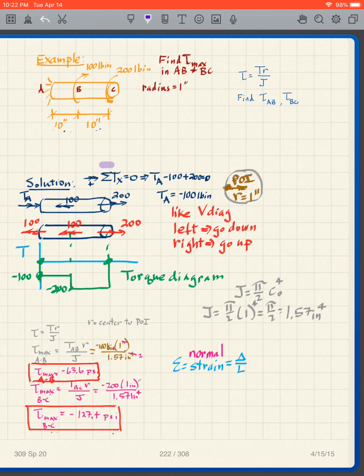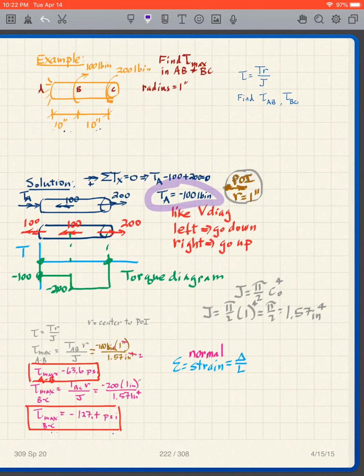And it's pretty simple. I take the sum of the torques in the x direction equals 0. So I simply look at these arrows, the direction they're going, and I write my equation. So what do I see? That's going to the right, so that's positive, so I get TA. That's going to the left, so it's negative, minus 100. That's going to the right, so it's plus 200. All that is equal to 0, just as we've always done. And then I solve for TA.